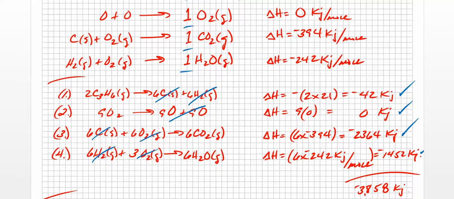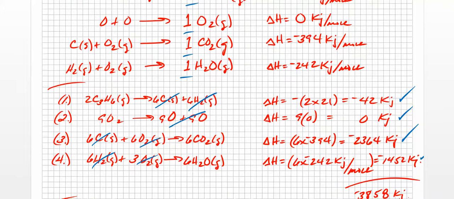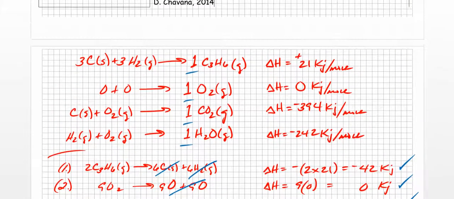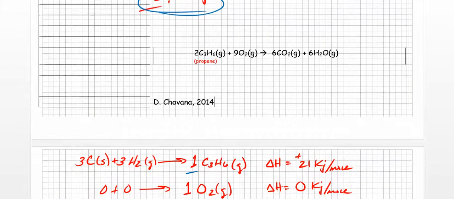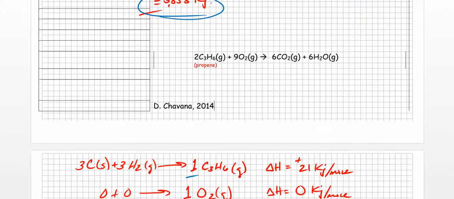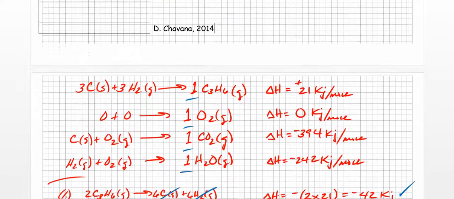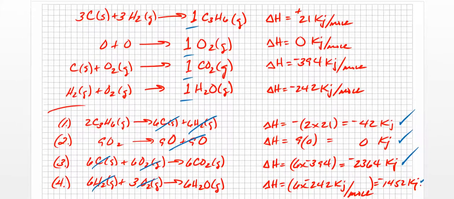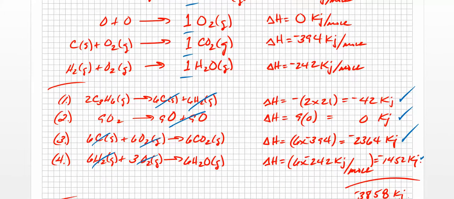And now let's go to the right-hand side. I need 6 CO2s. Let's see if I can get those 6 CO2s. Yep, they're right there, right?